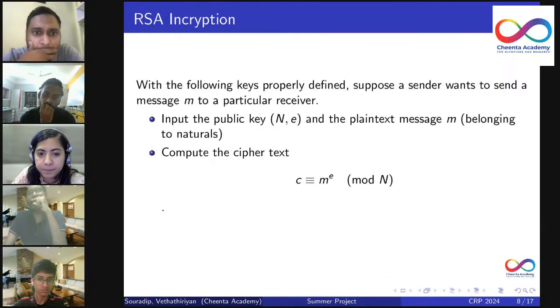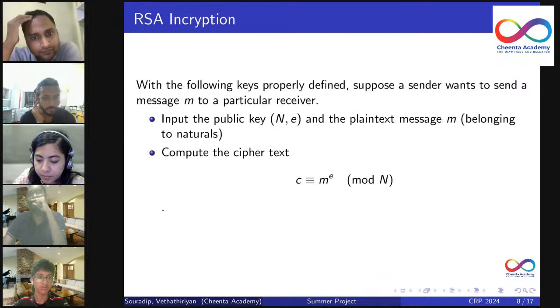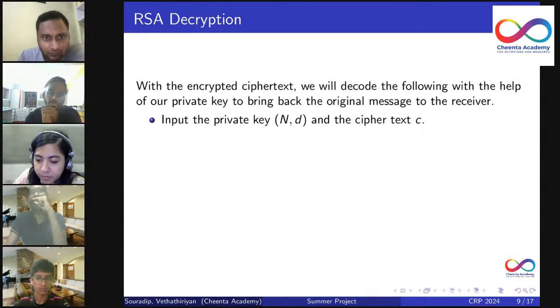Next, we compute the ciphertext C, defined as C equivalent to m to the power e modulo N.